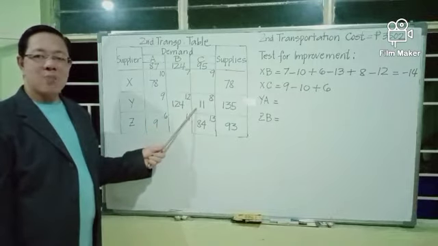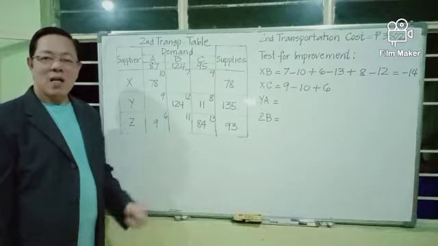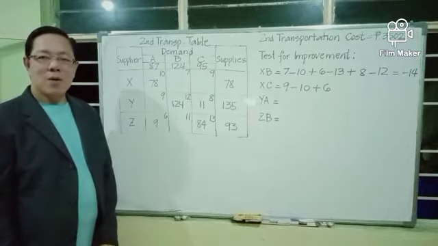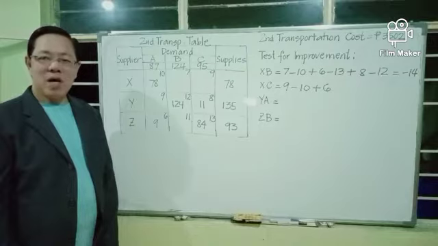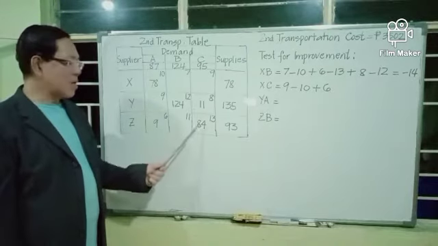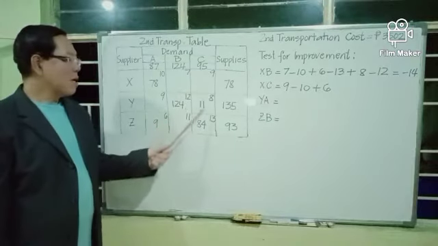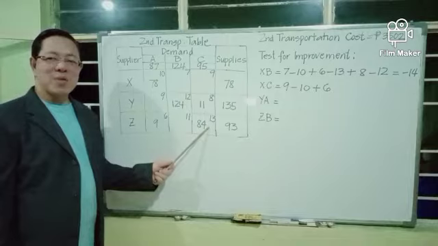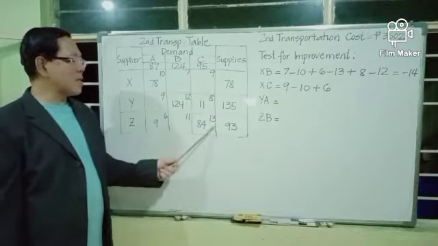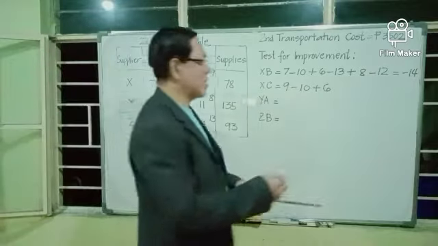Skip this occupied cell. From 84, we skip this occupied cell and we go straight to the vacant cell XC. And the cost associated with this vertical movement upward is the negative of this cost. We write minus 13.